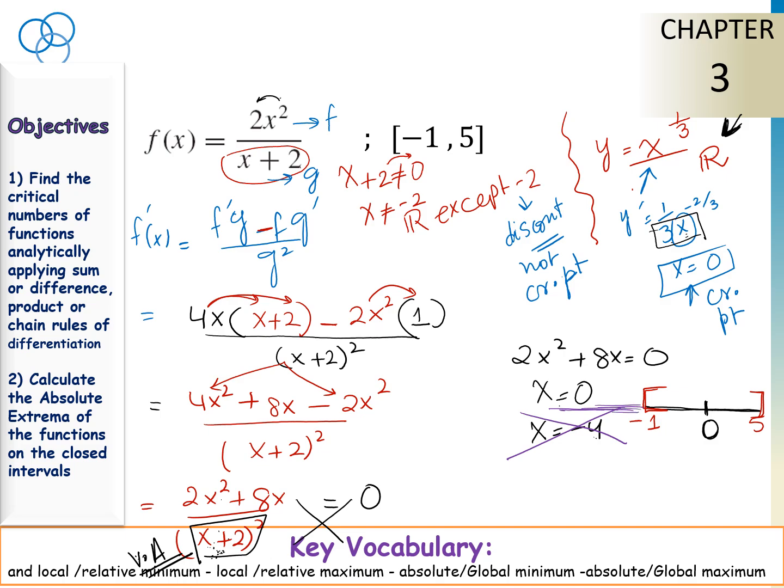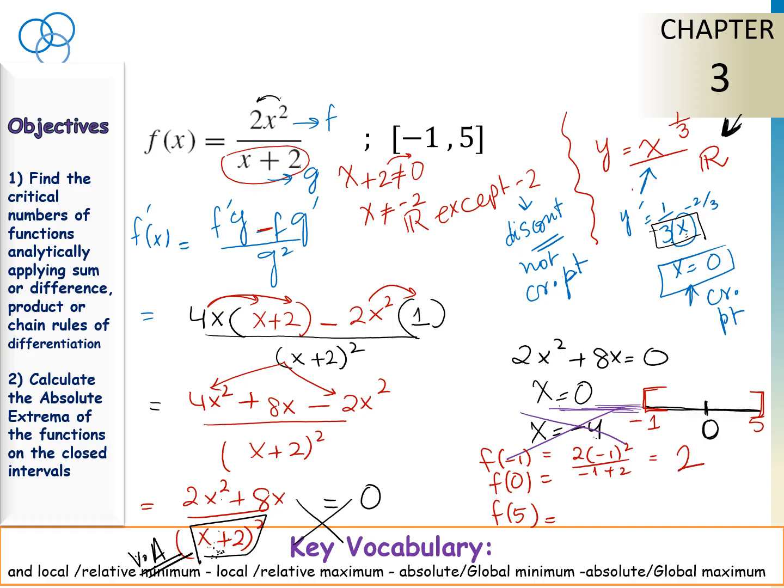Now find out the y values: f of -1, f of 0 and f of 5, by putting these numbers in the original question. So you write here 2 bracket -1 whole square over -1 plus 2. Write it in the calculator and you will get 2.